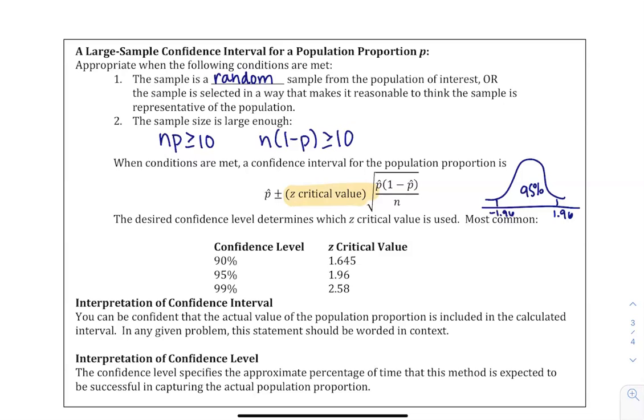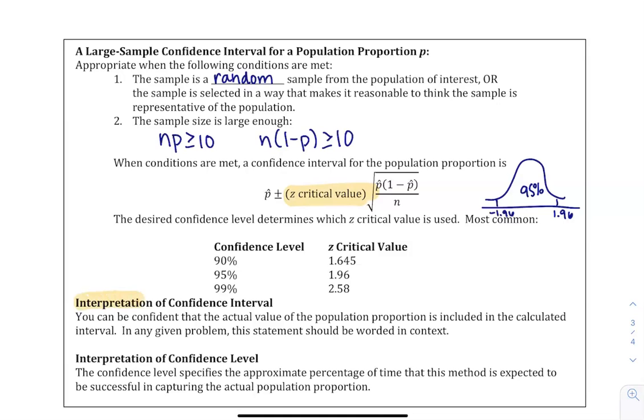If we wanted 90%, the critical value would be 1.645. If we wanted 99%, the critical value would be 2.58. You can do any confidence level that you want; these are just the three most common. If it was something other than these three, you would just use technology, and you'll probably use technology for this regardless. What's important here is how we interpret.